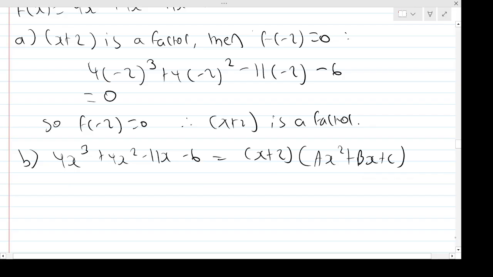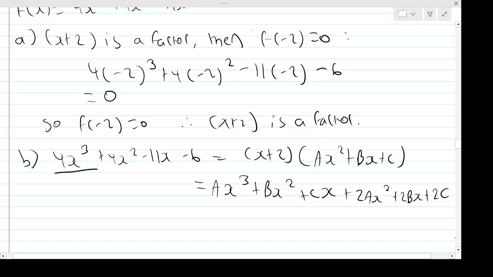So if I expand it, I get ax cubed plus bx squared, and then plus xcx, and then plus 2ax squared, and then plus 2bx, and then plus 2c. There we are. So now we're going to compare coefficients, meaning equating the coefficients of all the x terms.